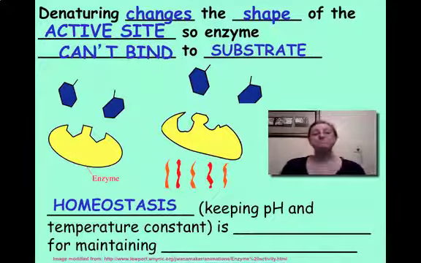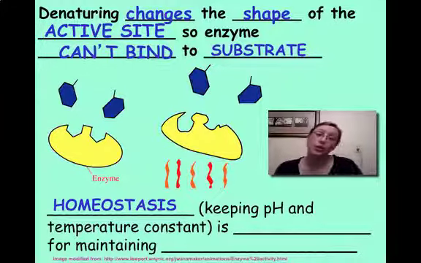cannot do its job. Enzymes are so essential to living things that if chemical reactions happened without enzymes, they would happen so slowly that we wouldn't be able to sustain our cell functions. So even though an enzyme is sort of like a turbo booster pack on a chemical reaction, if we didn't have it, it wouldn't work.